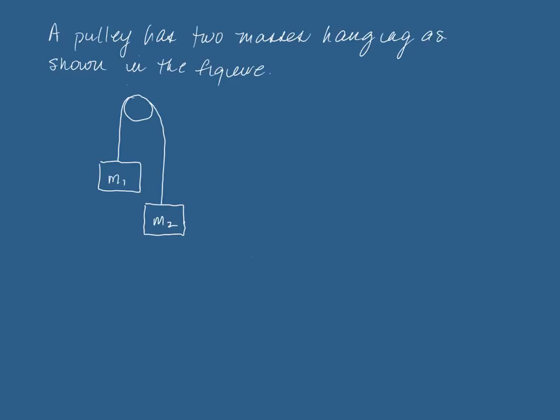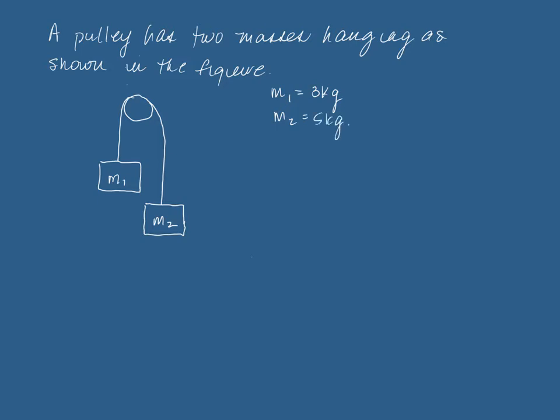So a pulley has two masses hanging as shown in the figure. The masses M1 and M2. We're going to take M1 equal to 3 kilograms and M2 equal to 5 kilograms.